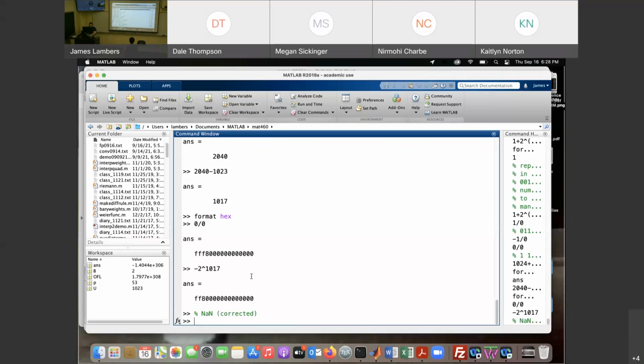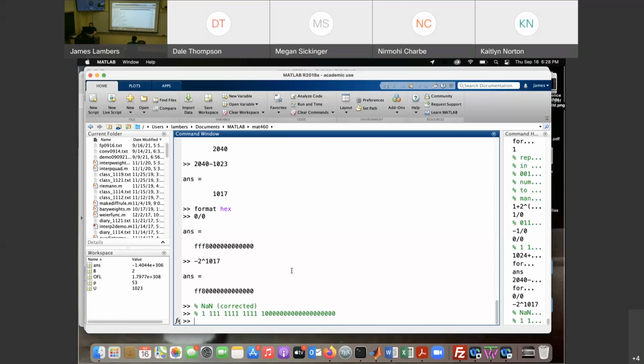All right, so I have 1, and then the exponent, and then this is the first part of the mantissa. So it'll be 1 and all these zeros. So this is a mantissa.